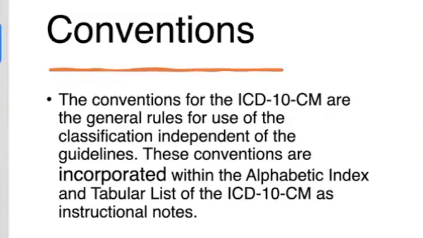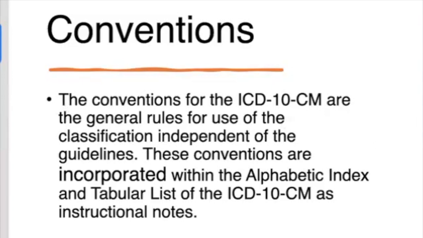This is the reason why if you assign this code G30.9, a convention says you need to assign the F02.80 as well, because if a patient has Alzheimer's, that also means the patient has dementia. This bracket here shows you that Alzheimer's also has a manifestation called dementia. All right, so that's what conventions mean. Any question, guys, so far?